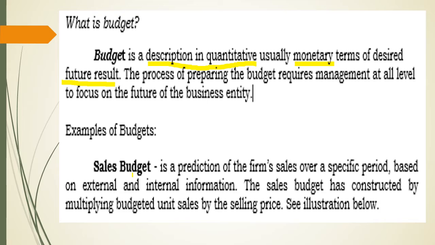Okay, the meaning is it is a prediction of the firm's sales over a specific period based on external and internal information. The sales budget is constructed by multiplying budgeted unit sales by the selling price.